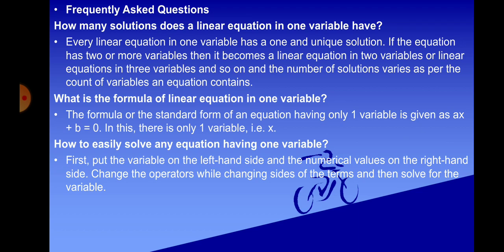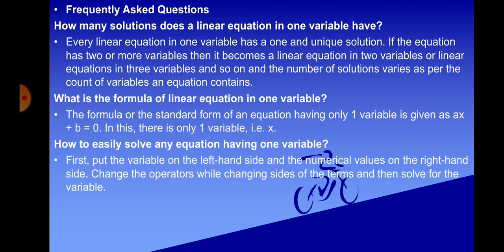What is the formula of a linear equation in one variable? The standard form of an equation having only one variable is given as ax plus b equals 0. In this, there is only one variable, for example x. So how do we easily solve any equation having one variable?